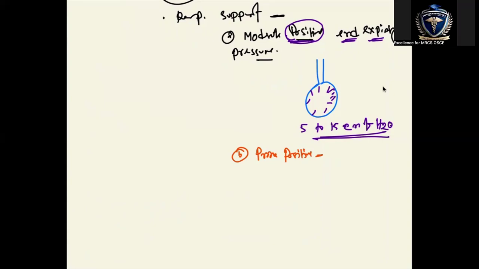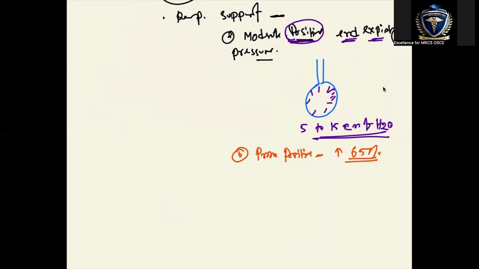In the supine position, more blood accumulates in the dependent part of the lung. In the prone position, the lung gets more space to be inflated. So oxygenation will increase up to 65% in the prone position.